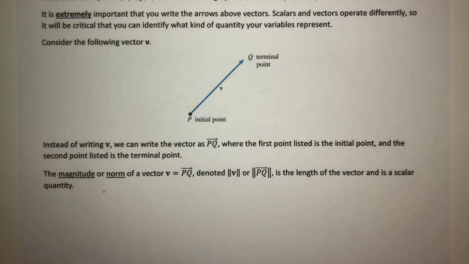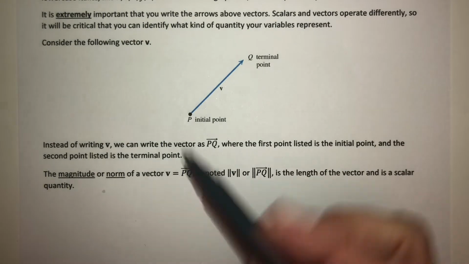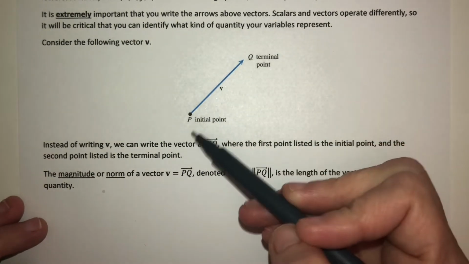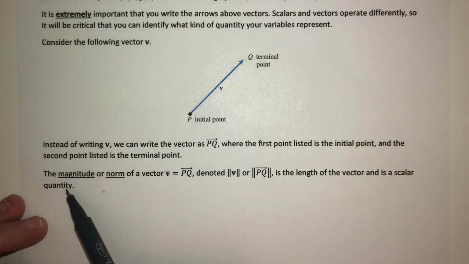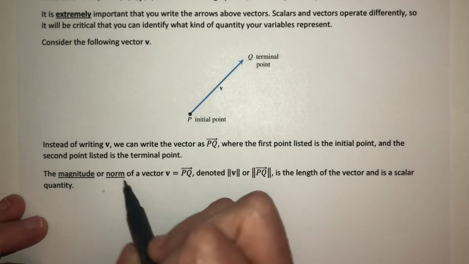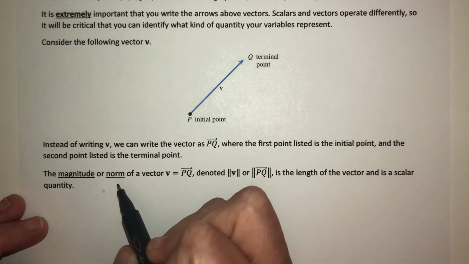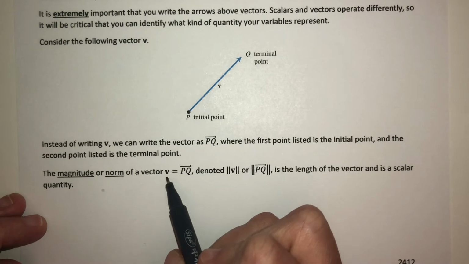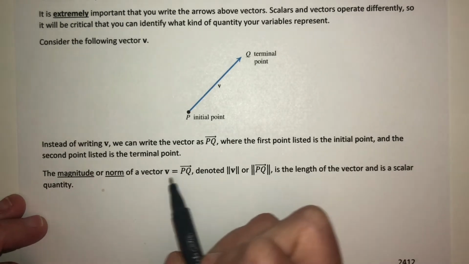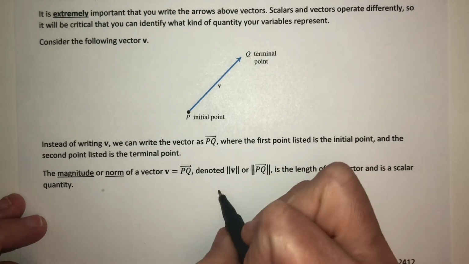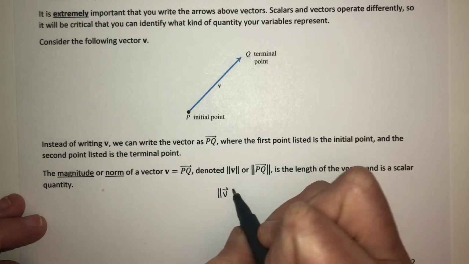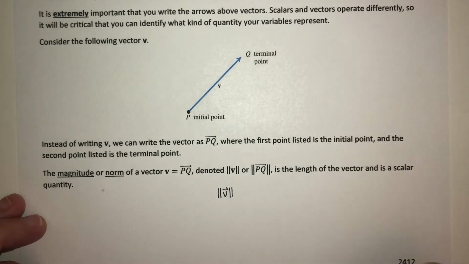Now, we talked about how the length of the vector drawn is the magnitude. Another word for the magnitude is the norm. And the norm of a vector PQ is denoted with what looks a lot like an absolute value, but it's got doubles.